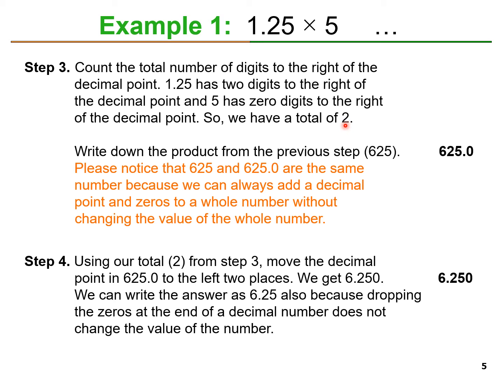So using that total of 2, we moved the decimal point in 625.0 to the left 2 places because we had 2 digits to the right of the decimal point in both numbers, or in both factors. 1.25 had 2 digits to the right of the decimal point, and 5 had 0 digits to the right of the decimal point. 2 plus 0 is 2. So we moved the decimal point in 625 to the left 2 places.